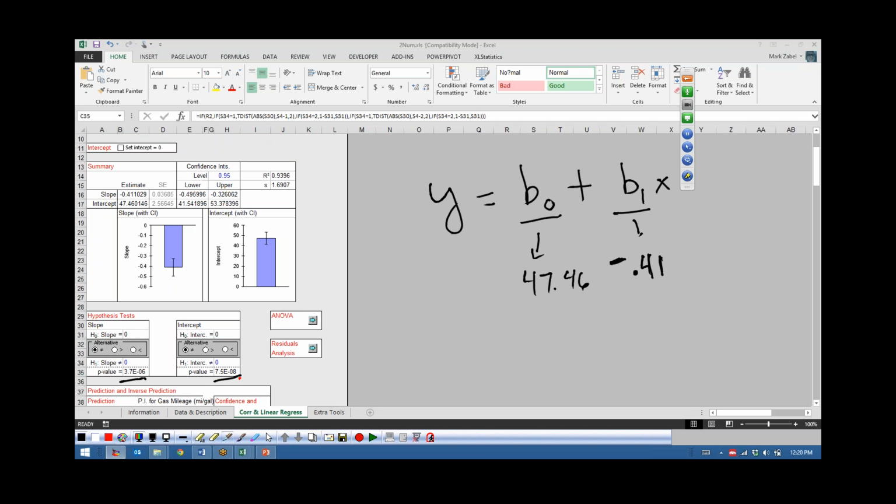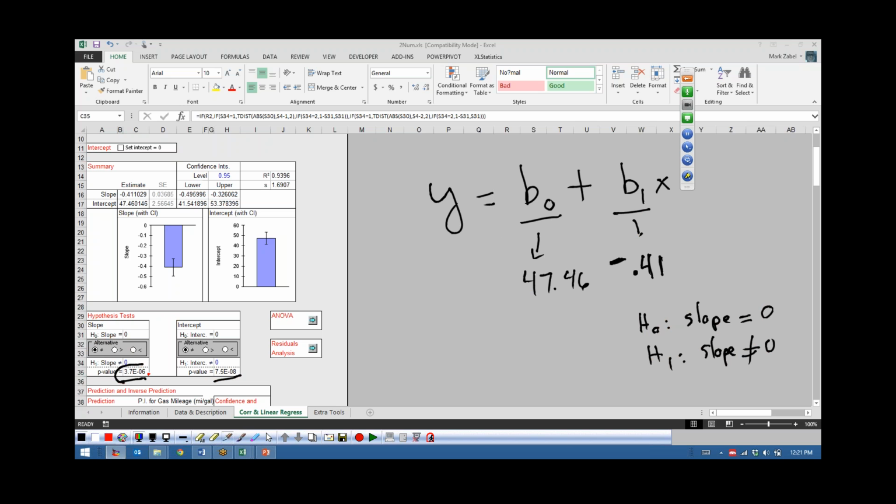I'm just going to draw it for this one right here, because this is the more important one. H0 is my slope equal to 0 versus not equal to 0. That's my H1. Slope not equal to 0. There's my slope. So that's that one. Slope equals 0 versus not.